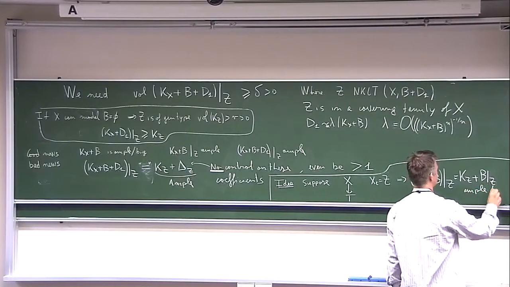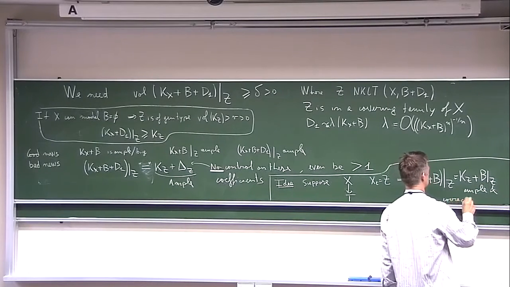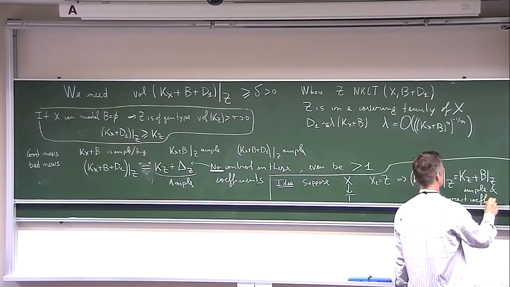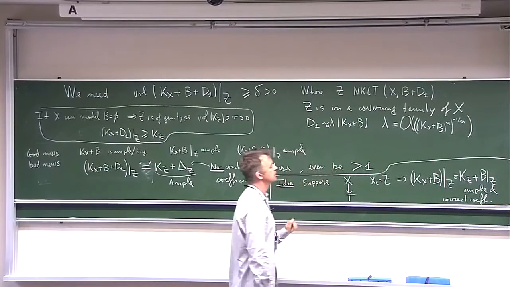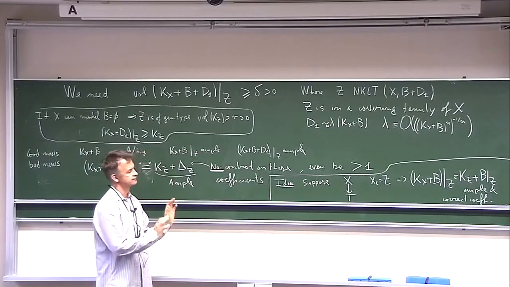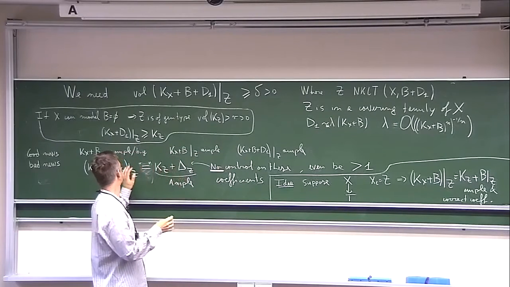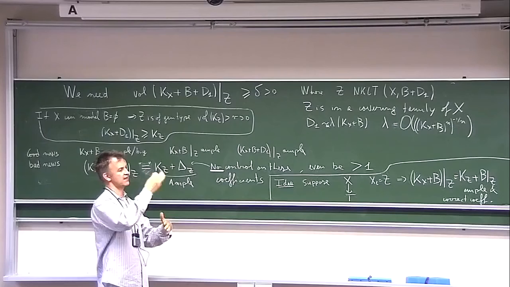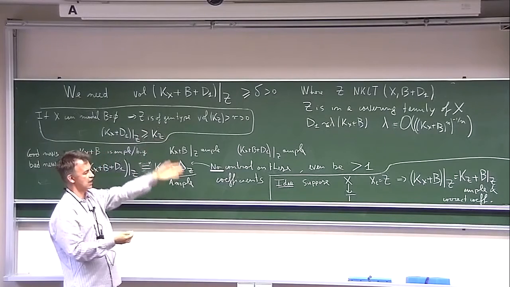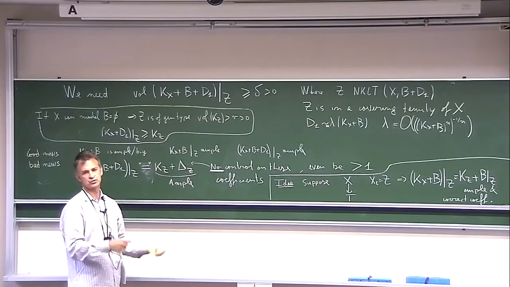Ample and correct coefficients. Okay. So, and you can completely ignore D in terms of the adjunction. Essentially, D_1 will now be a vertical divisor, so it contributes nothing to the adjunction.